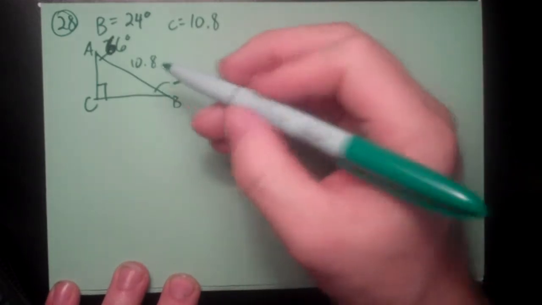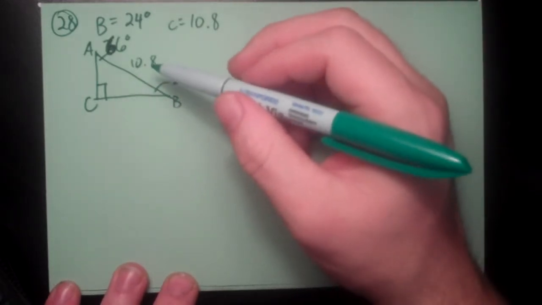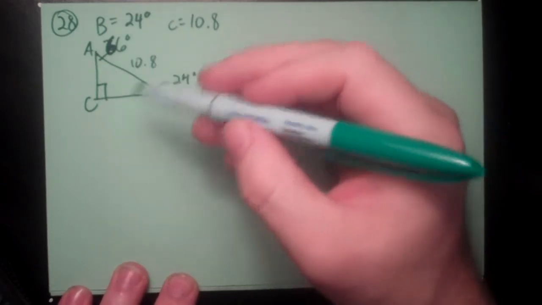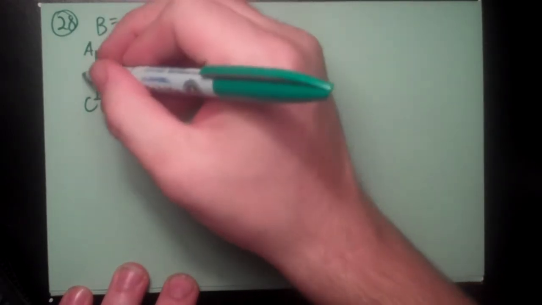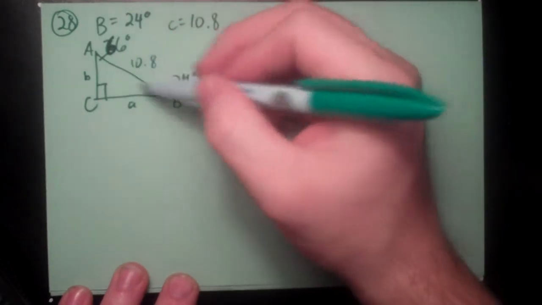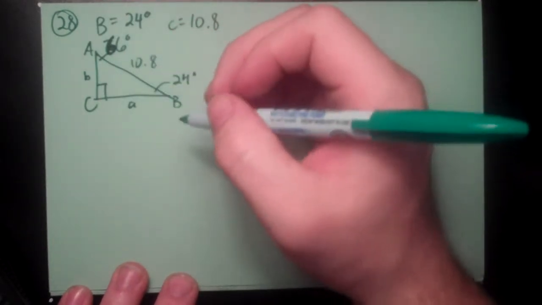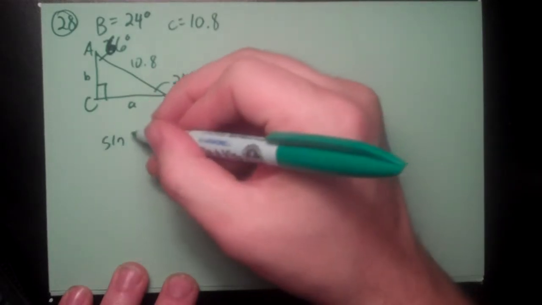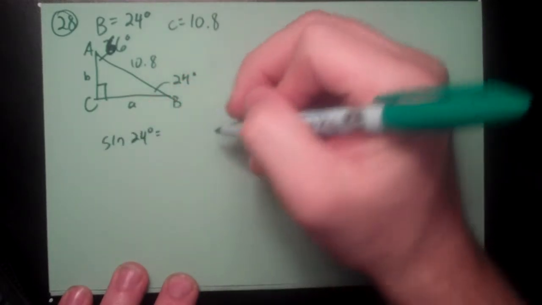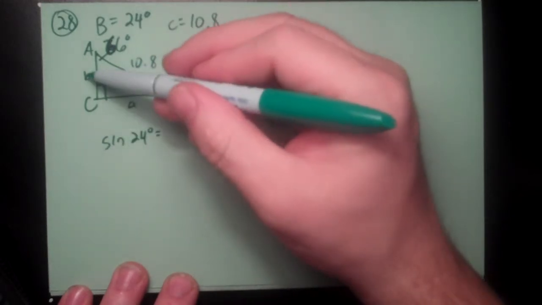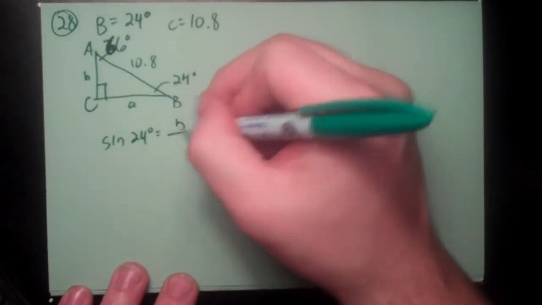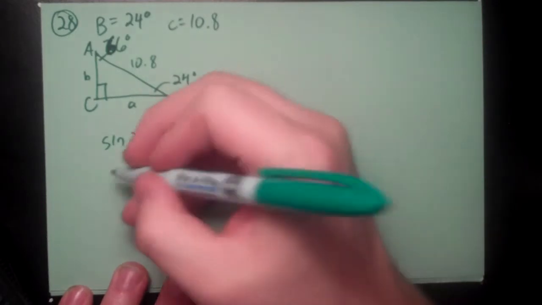And now we're going to use one of the trig ratios and a side that we don't know, like a or b, and a side that we do know, like 10.8. So the sine of 24 degrees, the sine is the ratio of the opposite side over the hypotenuse, so that's b over 10.8.